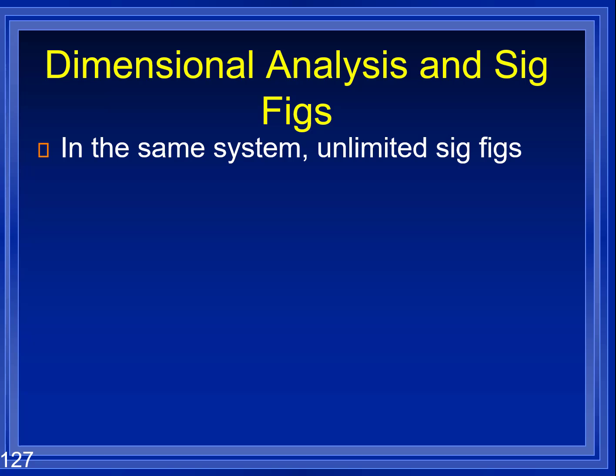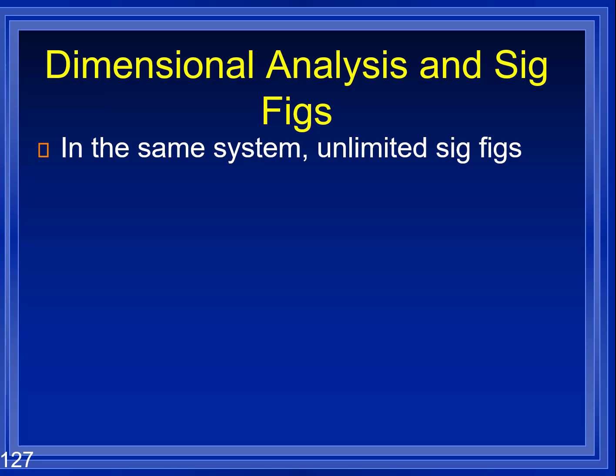We went from meters to kilometers, liters to milliliters, but they were all metric pieces. So every one of our conversion factors was exact. They were definitions, and definitions have unlimited sig figs. So my smallest sig figs were going to be the number I started with. However many I started with, everything else is going to be unlimited sig figs. So that's how many I'm going to end with.